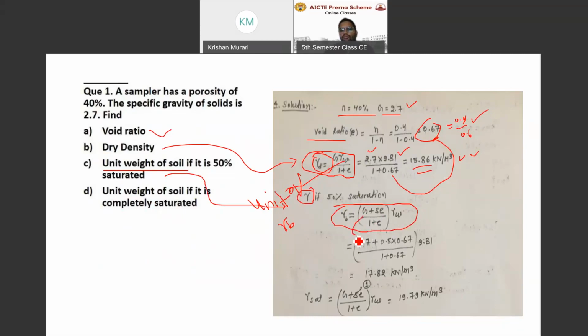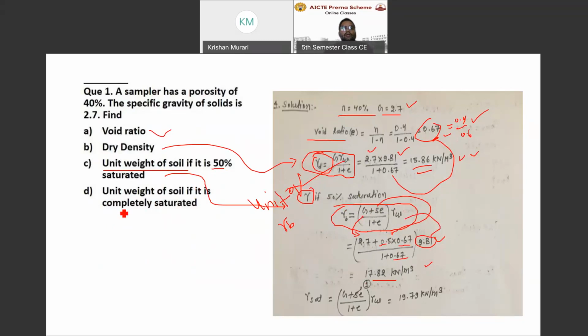Here G is 2.7, and the degree of saturation is 50%, as mentioned in the question. So you write the value as 0.5, that means 50%, and the void ratio we calculated here, 0.67, upon 1 plus 0.67. Here 9.81 is the unit weight of water. Then if you calculate it, the value is 17.82 kilonewton per meter cube. You can easily calculate that value.